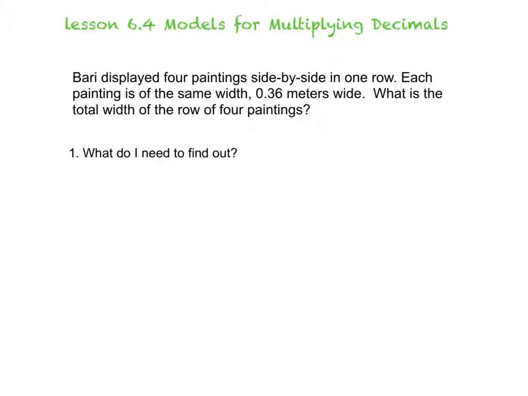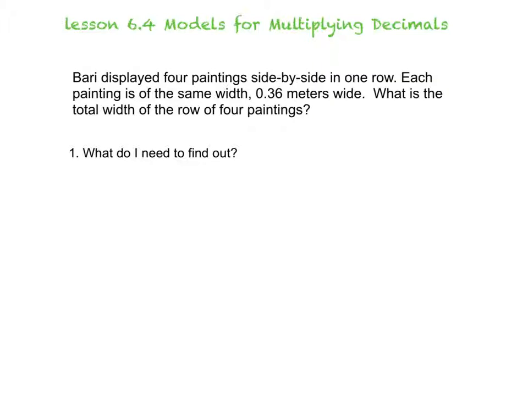The first thing I want to ask myself is, what do I need to find out? Well, I need to find out what is the width of the row of the 4 paintings. What is the total width of the row of the 4 paintings? Basically, if I put all 4 paintings side by side by side by side, what is that new width right there?